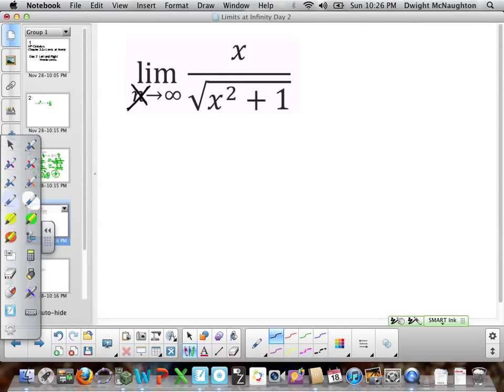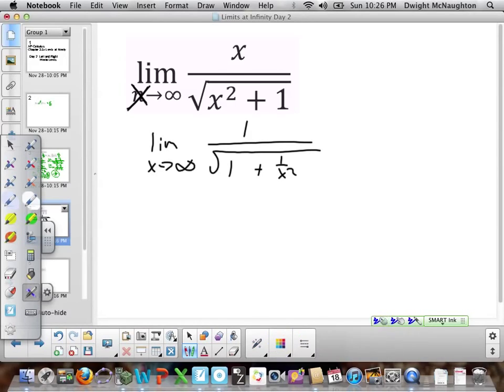The bottom will be the square root of x squared, we divide by. And as we simplify, we got 1, because x over x is 1, and then the square root of 1 plus 1 over x squared. Right here, that approaches 0, so we are left with 1.